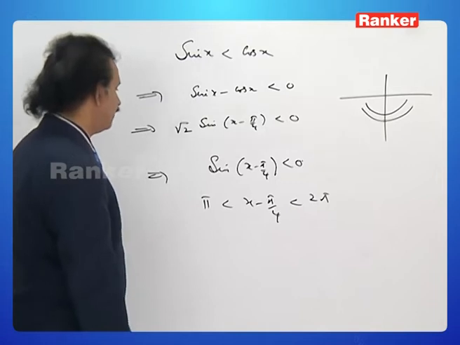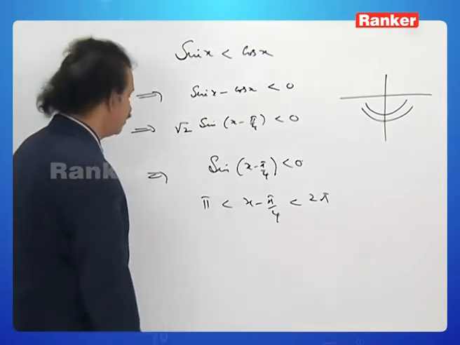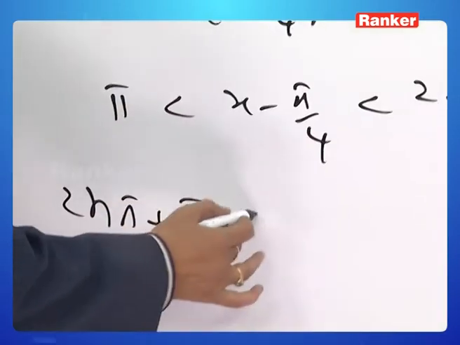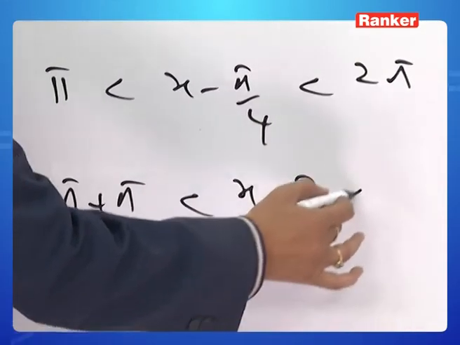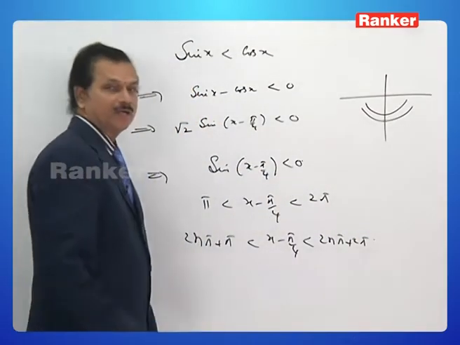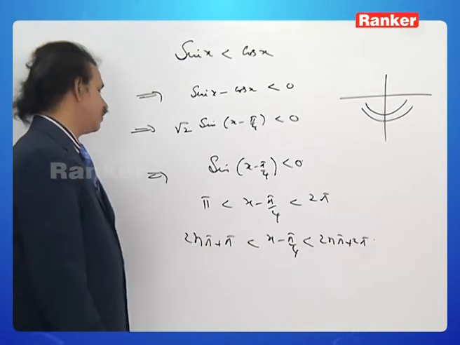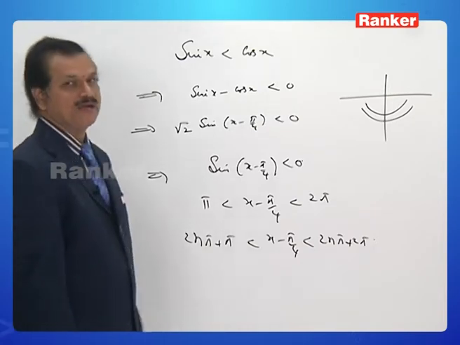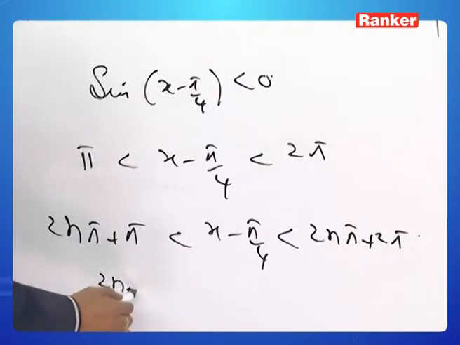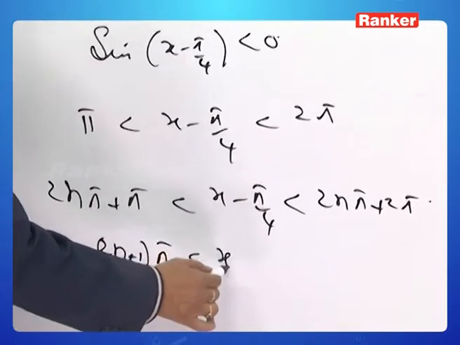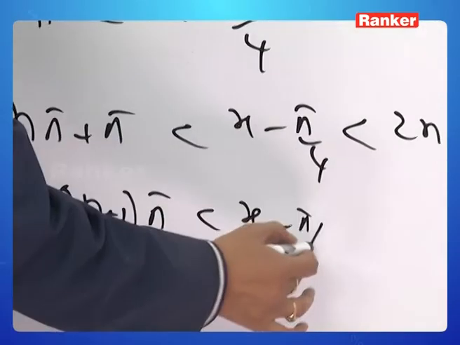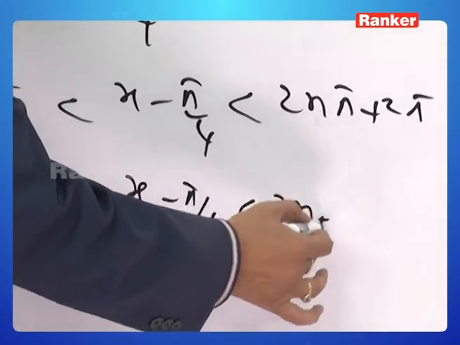Okay, x minus pi by 4 less than 2 pi. And this will be true for general solution also. 2n pi plus pi less than x minus pi by 4 less than 2n pi plus 2 pi. 2n pi plus pi is nothing but 2n plus 1 into pi, less than x minus pi by 4 less than 2n plus 2 into pi.